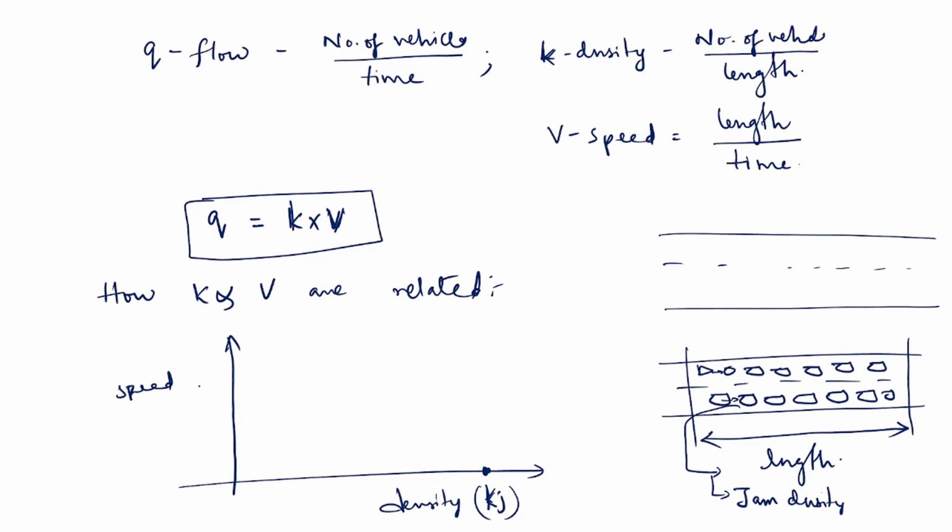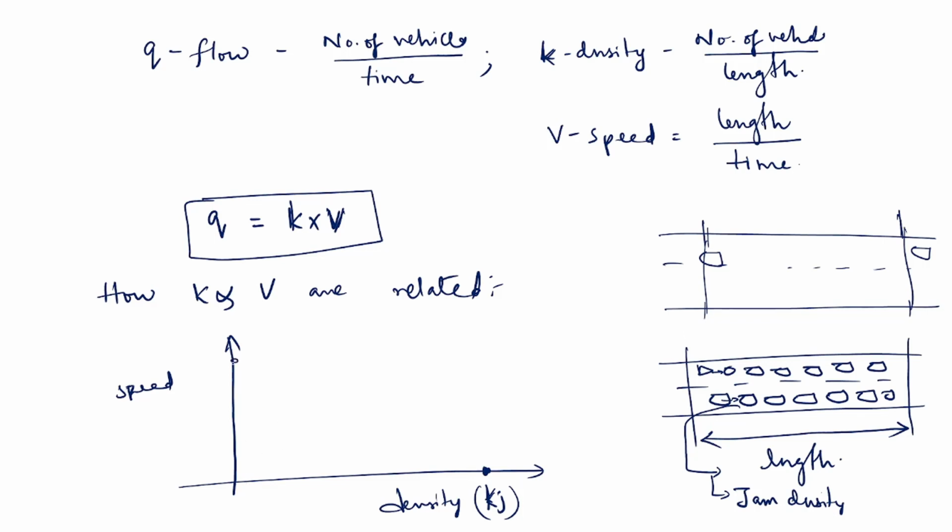So when the spacing is very high, suppose this is the length, the spacing between the vehicles is very high, so you may not see any vehicle in a length. If you consider a particular length on the road, you may not see any vehicle. So ideally density can be zero, or very, very less. So density is very less when the speed is very high.